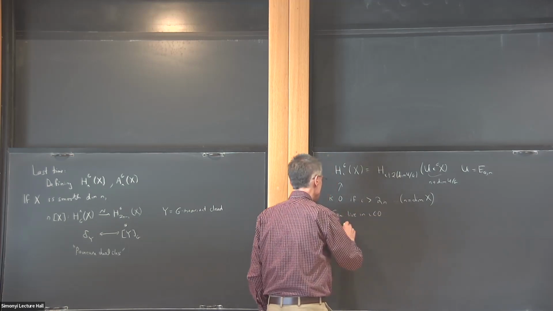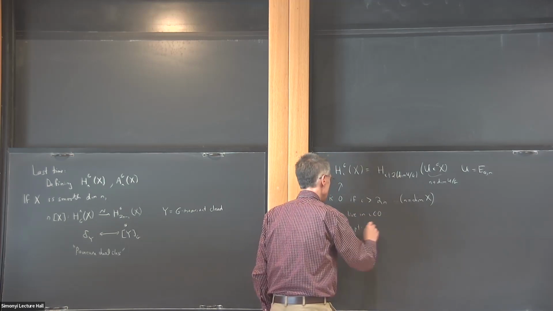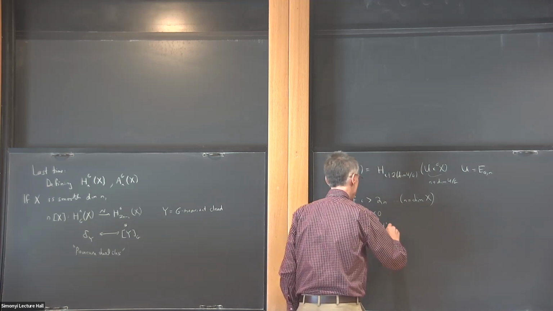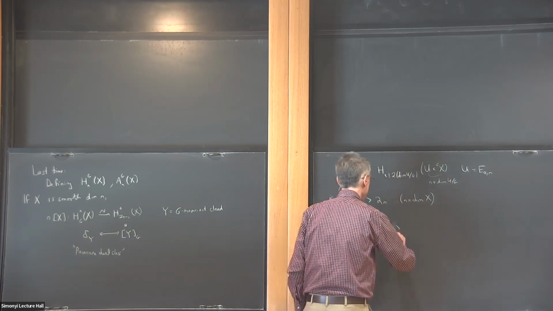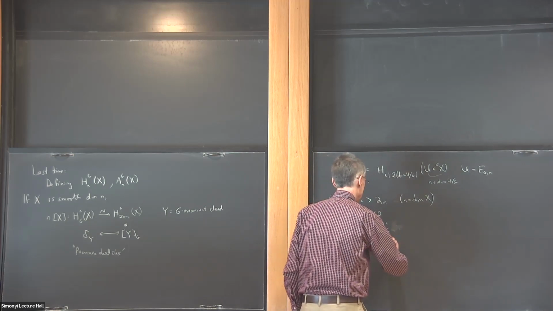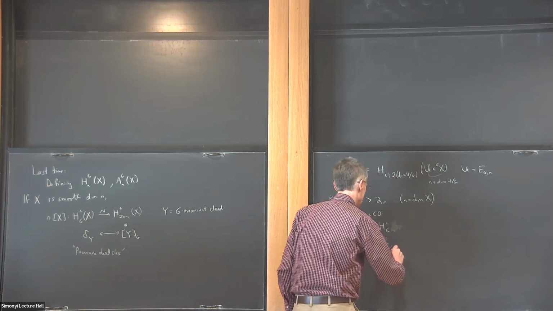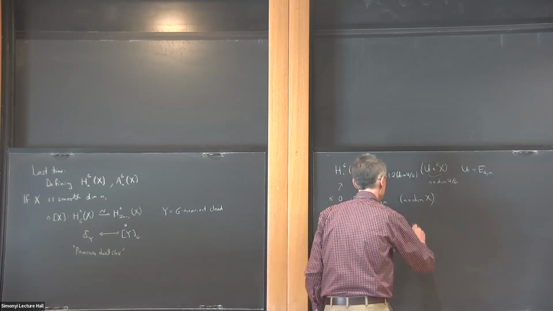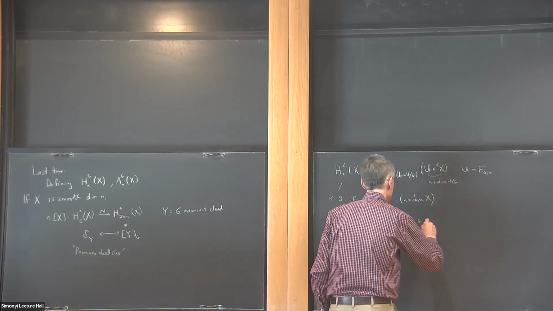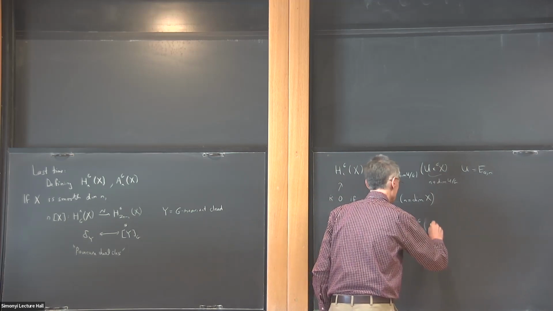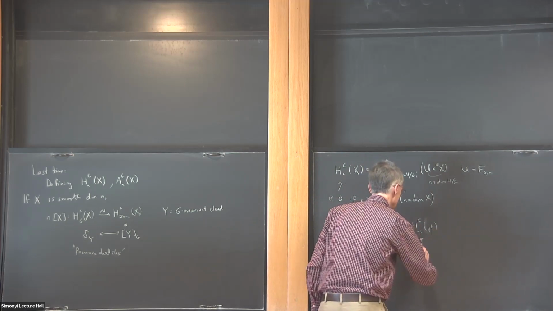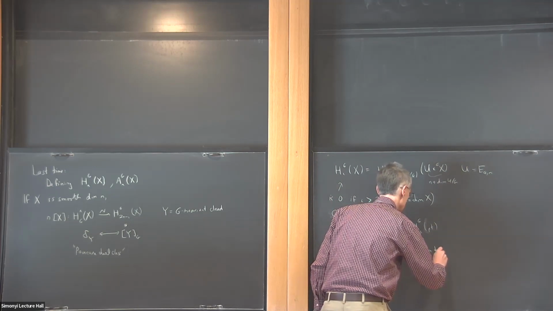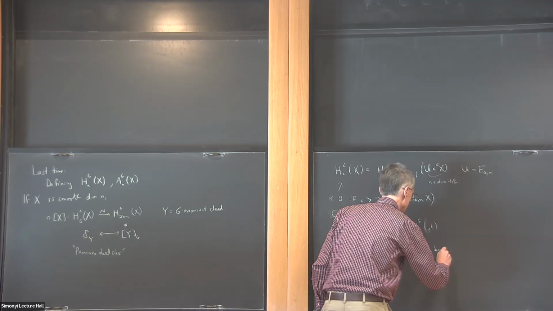And in fact, if X is equal to a point, we have H_i^G of a point, which is H^{-i}_G of a point, so we see that this lives in degrees less than or equal to 0.